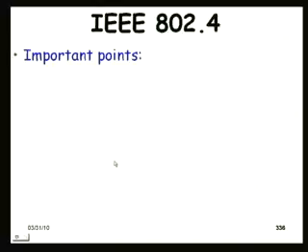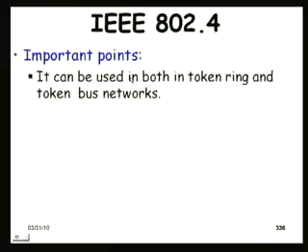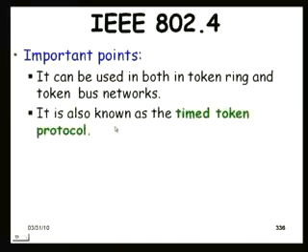Let us look at the IEEE 802.4. Now, let us try to understand the important points in its working. The protocol can work both in a token ring or a token bus network, and another name for this protocol is the timed token protocol.